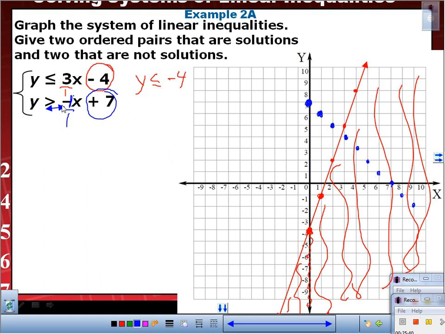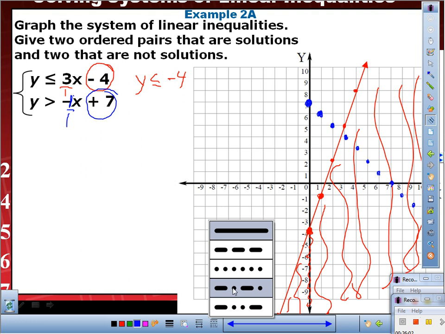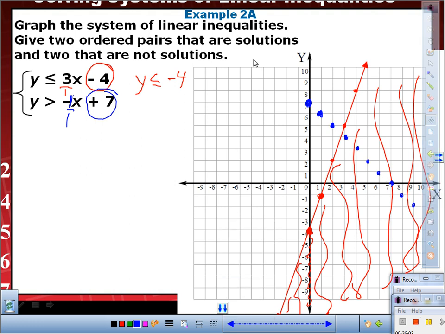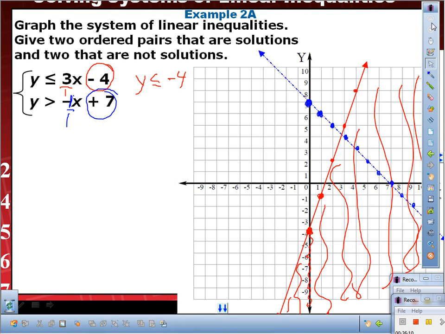All right. Is this an inequality symbol with an equal sign? No. So therefore, what kind of line am I going to draw? A dotted line. That is correct. Focus, please.